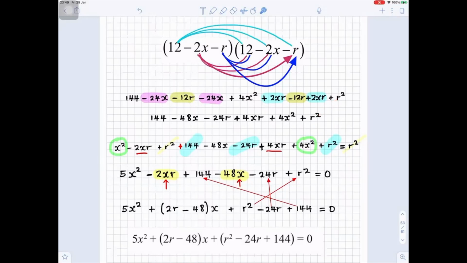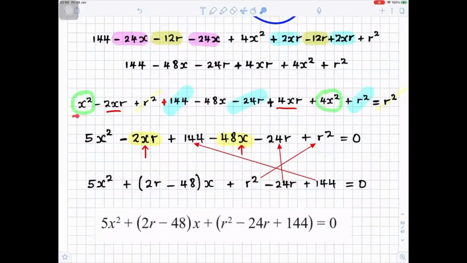And the r squared stays the same. Now, when we put that in the whole equation from before, we have x squared minus 2xr plus r squared, and this comes from that (x minus r) all squared, which we did up there. And then we put all of this, 144 minus 48x and so on, and all of this equals r squared.